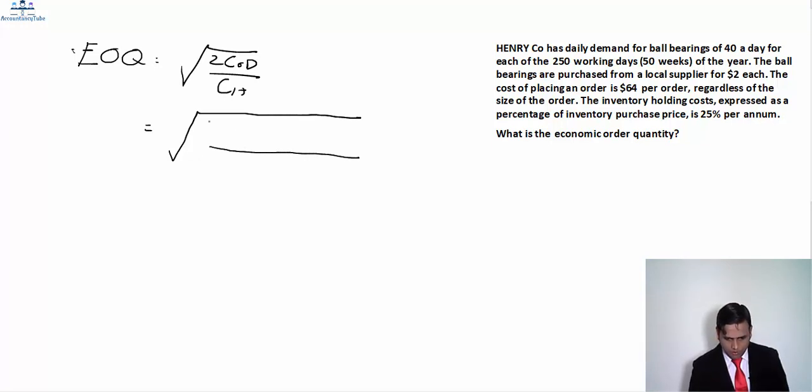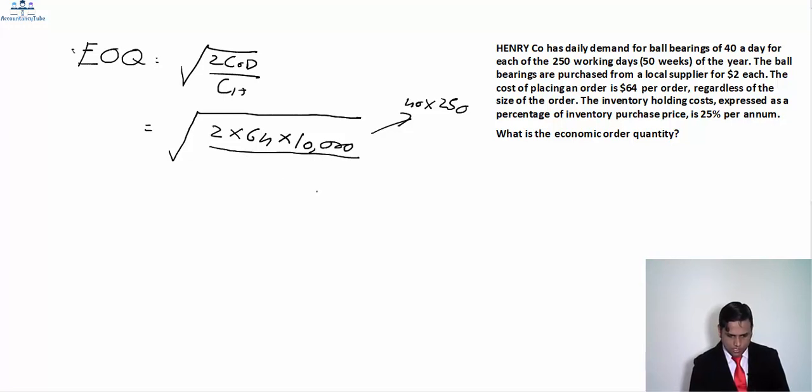Then we have our first figure, that is 2, which is constant in every scenario. Then we need the ordering cost. From the example, we can see the ordering cost is 64. Then we need the demand. Now annual demand is computed. The daily demand is 40, and the assumption is 250 days a year. We multiply it by 250, and the answer becomes 10,000 units demanded.